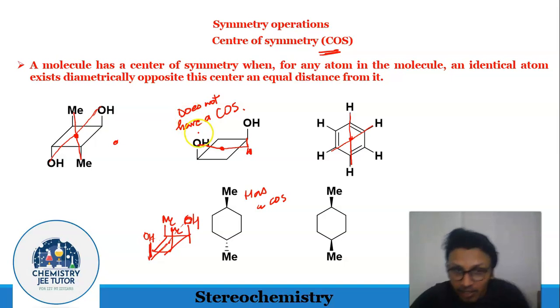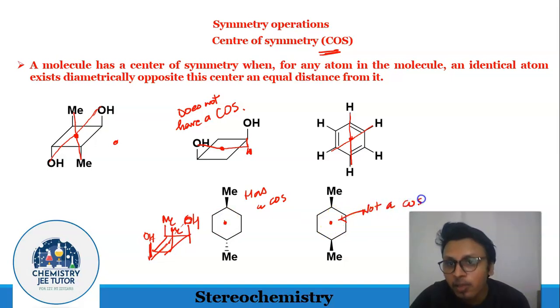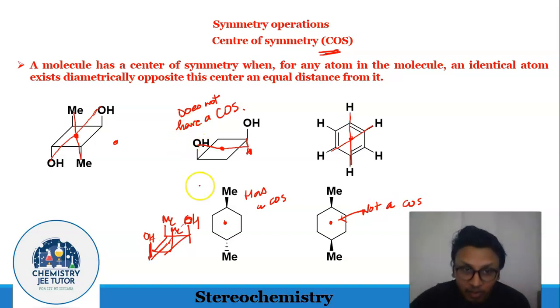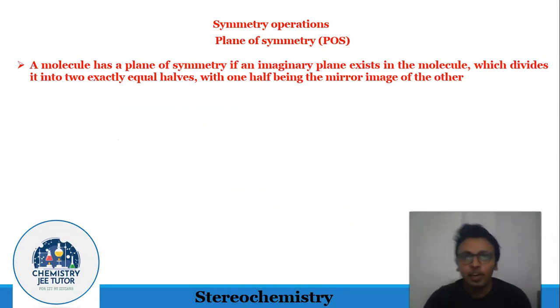So in both cases, this is the center. This one is not centrosymmetric, it is not a center of symmetry. See, this has a center of symmetry. This doesn't. This is the simplest symmetry operation you can understand, okay? It will get tougher from now on. Center of symmetry is very easy.